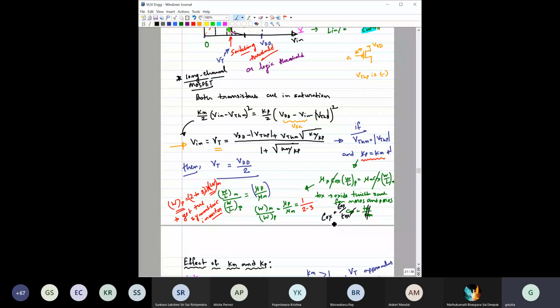Area is already divided here, so the unit of Cox is farad per centimeter square. Cox is the gate capacitance per unit area. Please correct it here. I wrote this yesterday. Thank you for correcting this, but you should have corrected it in the last class itself.